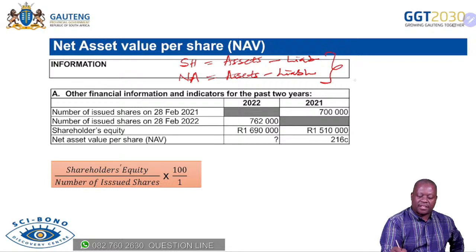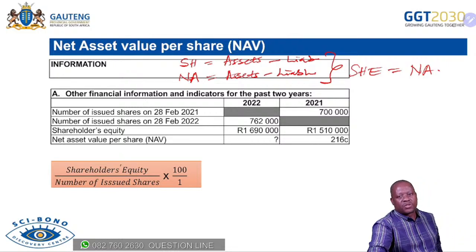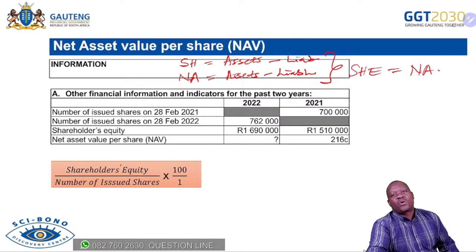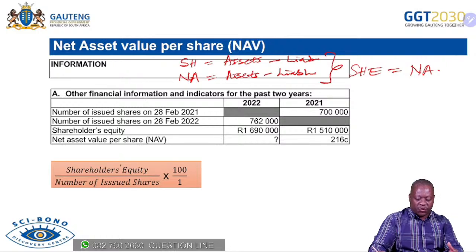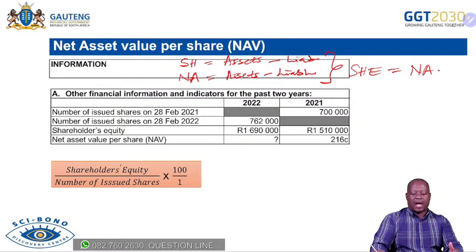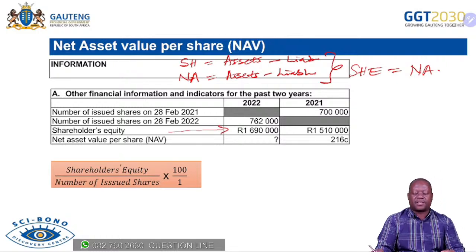It simply means our shareholders' equity is equal to our net assets. These are the same. So in the formula for calculating net asset value per share, we are going to say shareholders' equity divided by the number of issued shares. Now that we have got the formula, which is correct, we are going to check shareholders' equity. Which figure is that?